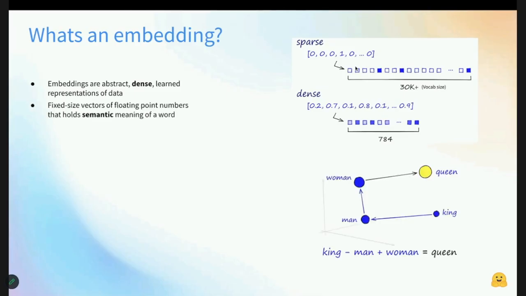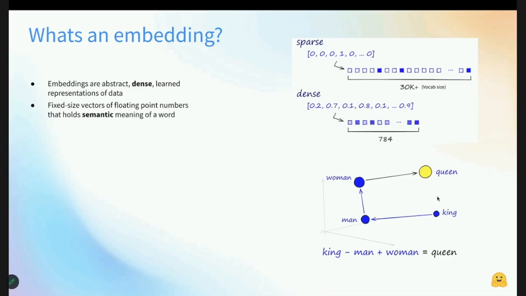The cool thing about these embedding vectors is that they encode semantic meaning. One of the classic examples is from the Word2Vec paper. If you have word embeddings, you can actually do vector math on them, and the vector math coincides with our human understanding of what those words should mean.